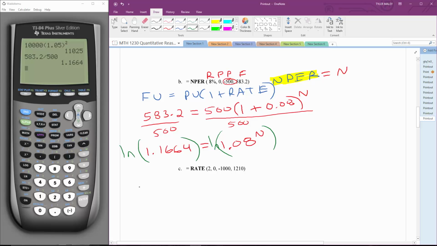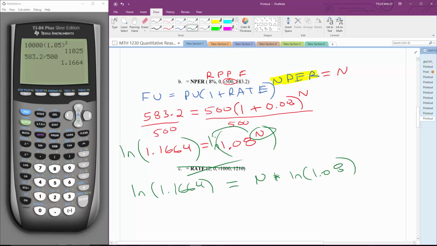We would have the natural log of 1.1664 equals n times the natural log of 1.08. Using properties of logs, this exponent can come out in front as a factor. So now I can divide both sides by the natural log of 1.08, and this is equal to n.